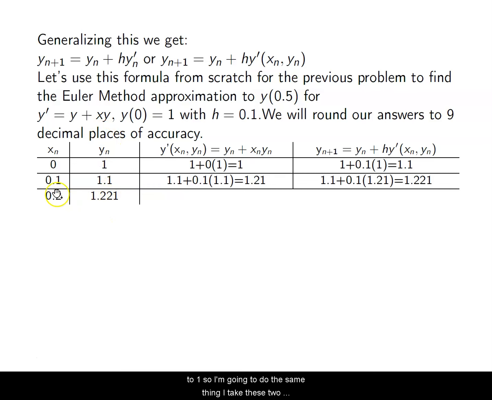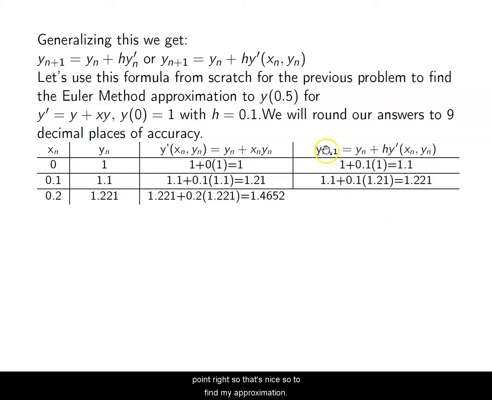So I'm going to do the same thing. I take these 2 points and I find the slope there: y plus x times y. That gives me this approximate slope at that point. And then I use this output. Notice that I don't have to use my input anymore. I really only need the input for calculating the slope at that point. So that's nice.